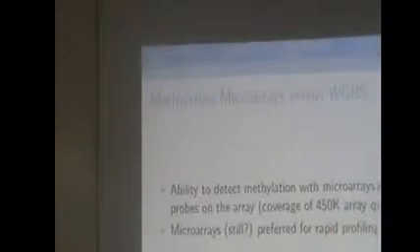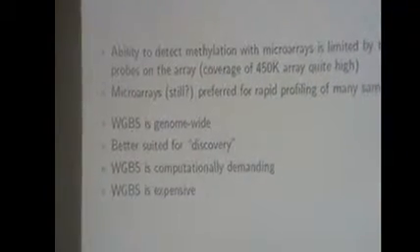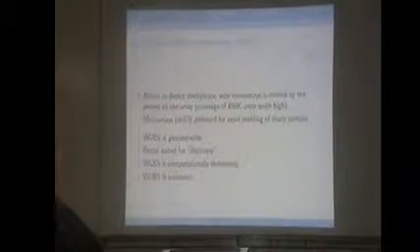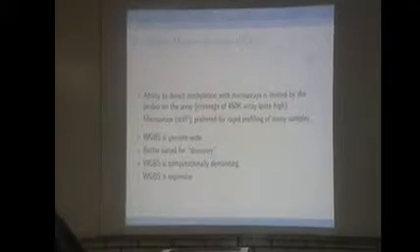Methylation arrays versus whole genome bisulfite sequencing: of course, for both of them you have some advantages and disadvantages. The ability to detect methylation with microarrays is limited by the probes you have on the microarray.